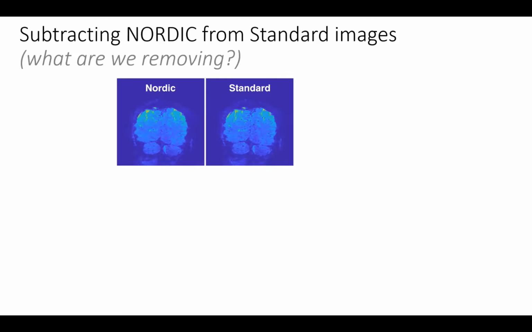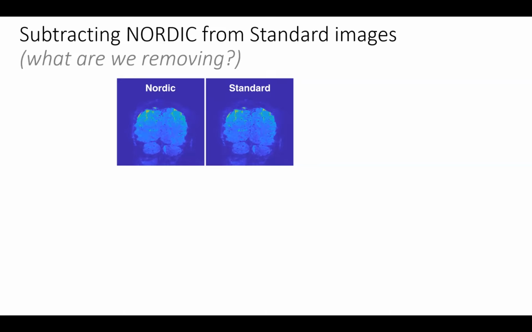So to get at the information about whatever we're removing with Nordic, after we apply Nordic, we can look at the Nordic residual. Here I'm talking about subtraction, but it's not really a subtraction because this is an operation that has to be performed in complex space. As you move from complex space to image space, there are nonlinear operations.